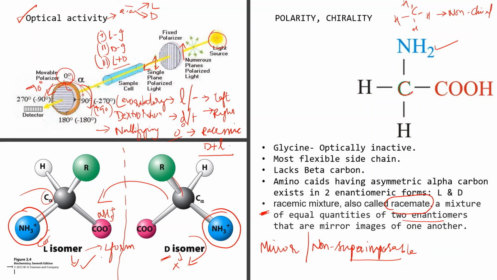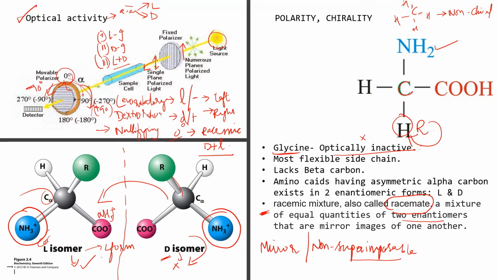In amino acids, glycine has a special property, because it is connected with 2 hydrogens. One is the usual hydrogen and the other one is the R group. Even the R group is hydrogen, and hence because these two functional groups are similar, this is optically inactive. So this cannot bend light, it cannot rotate light in either direction.